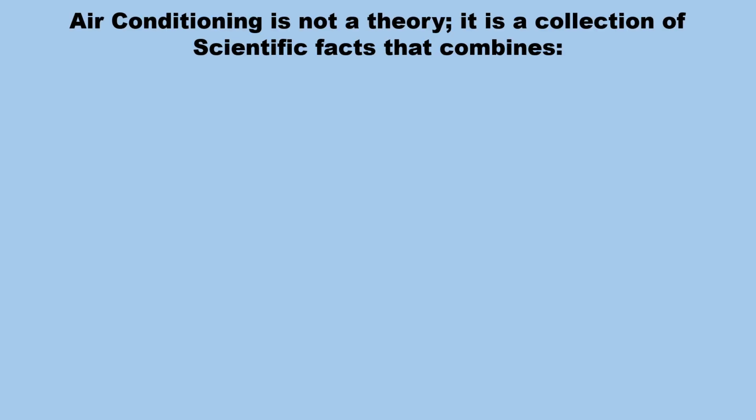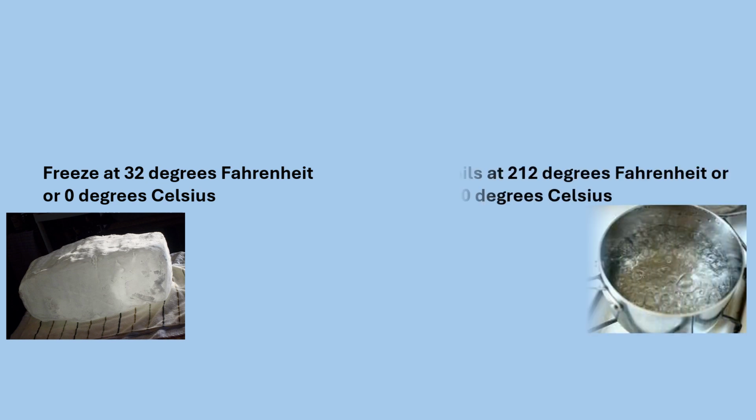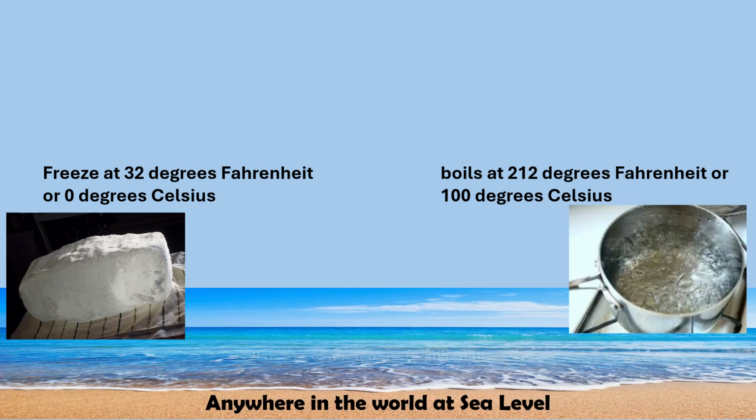Air conditioning is not a theory. It is a collection of scientific facts that combines physics, chemistry, and earth science. Science involves proven scientific facts that are repeatable anywhere in the world. For example, pure water will freeze at 32 degrees Fahrenheit or 0 degrees Celsius and boils at 212 degrees Fahrenheit or 100 degrees Celsius anywhere in the world at sea level.